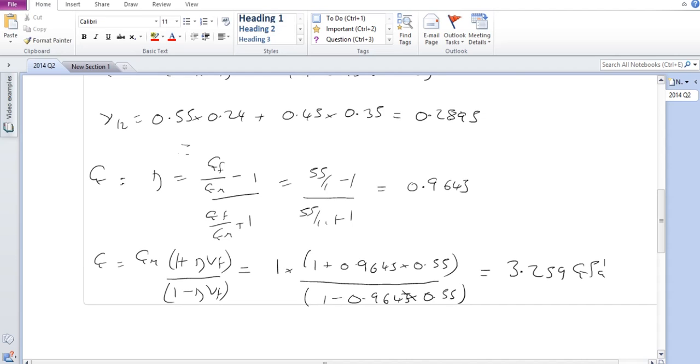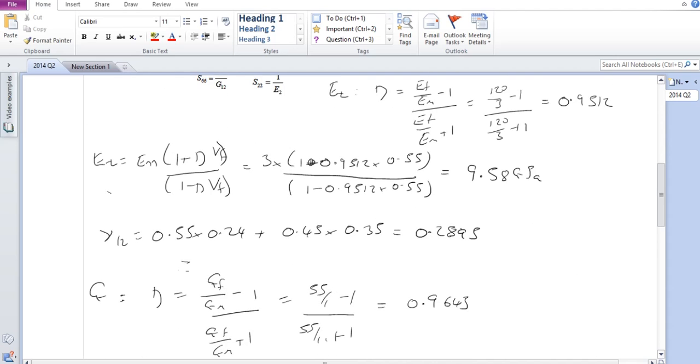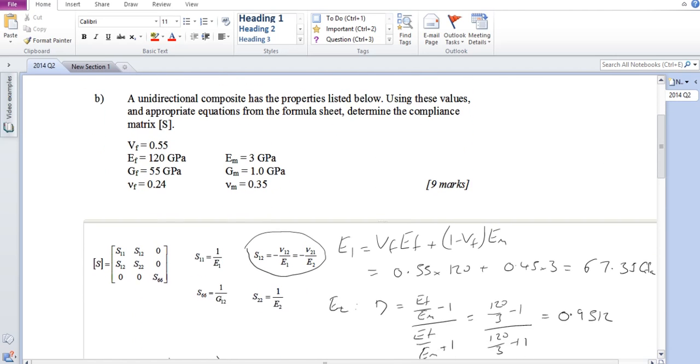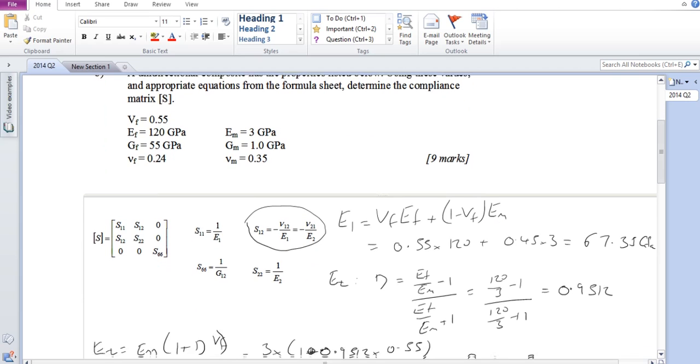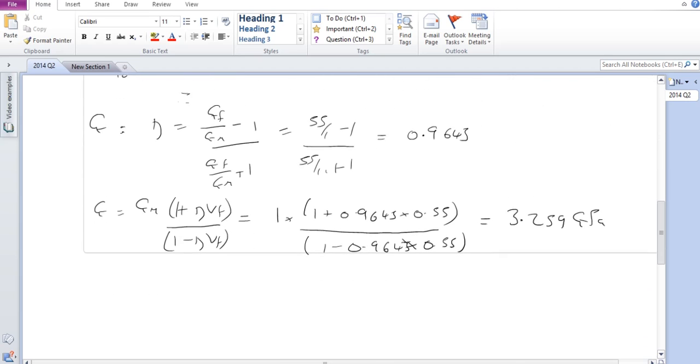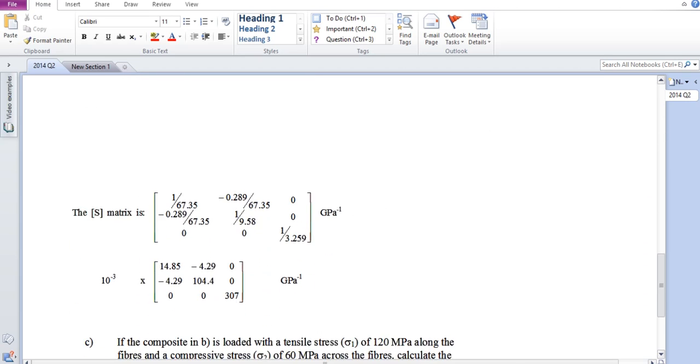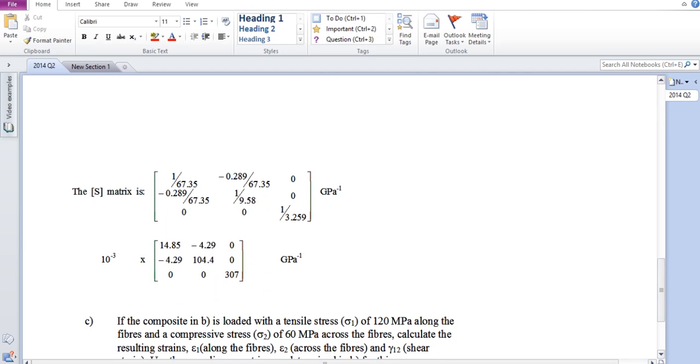We have our terms G, E1, E2 and Poisson's ratio 1, 2, so we can combine all of those together to give us the S11, S12, S66 and S22 terms. Rather than writing them all out, I've got them here, so that gives our S matrix as 1 over 67.35, minus 0.289 over 67.35, etc. Now those are a bit cumbersome.